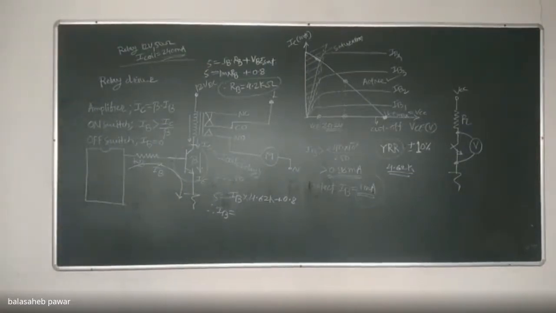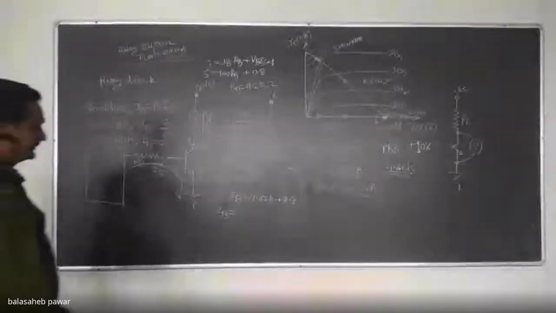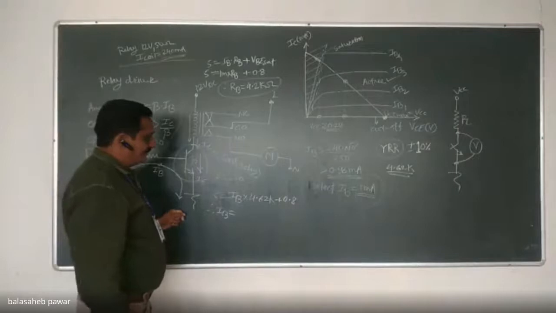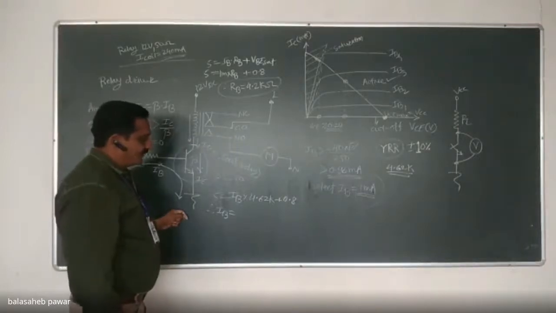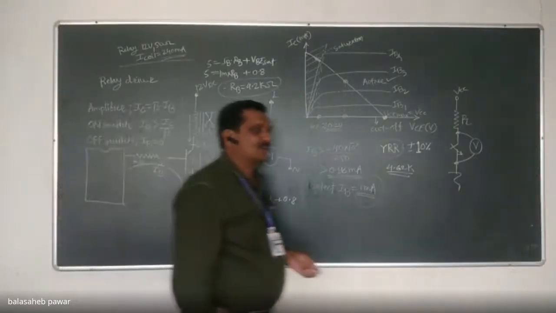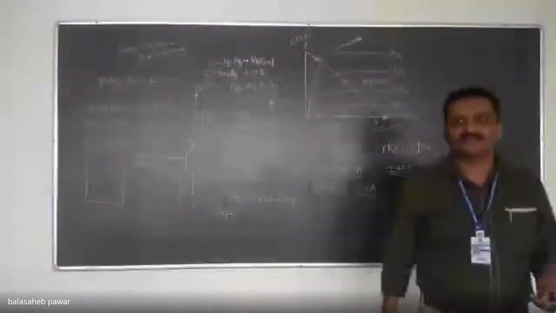How much is it? So simple. 4.2 divided by 4.62K. 0.9 milli. 0.9 milliampere, right?